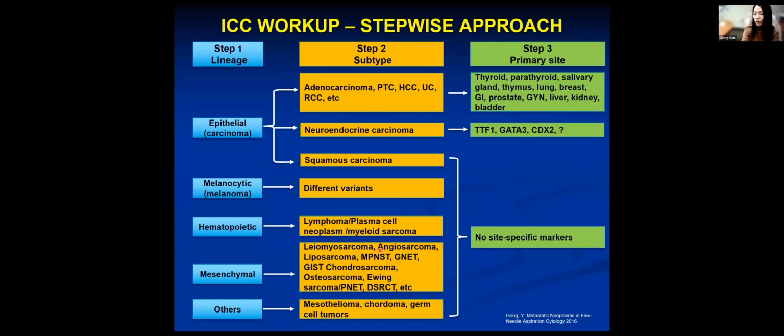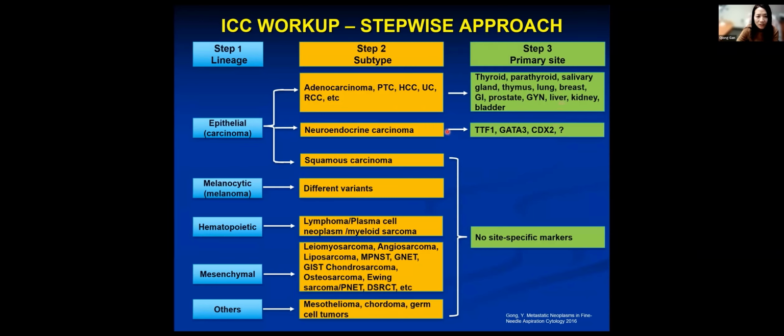It is important to know that selection of an efficient yet concise panel of markers should be based on the patient's clinical and medical history, clinical radiological correlation, as well as the morphology evaluation. For example, if you think it's adenocarcinoma, we can apply lineage markers like TTF1, PAX8, CDX2, GATA3, etc.